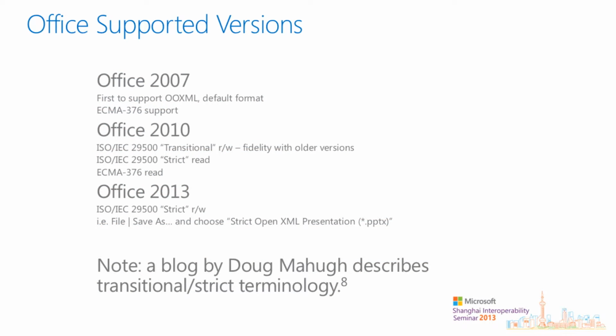And then the 2013 version of Office reads and writes the strict conformance of the 29500 standard. You can see this by going to the File Save As menu item in 2013, and you'll see a strict OpenXML presentation for PowerPoint.